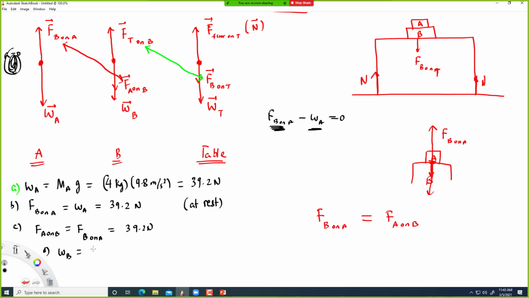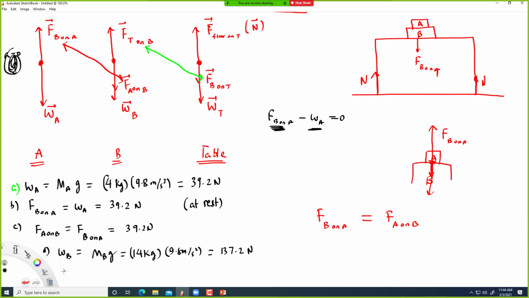WB is MB, weight is mass times acceleration due to gravity. Mass of B is given, 14 kilogram. G is 9.8. So multiply that, you get 137.2.